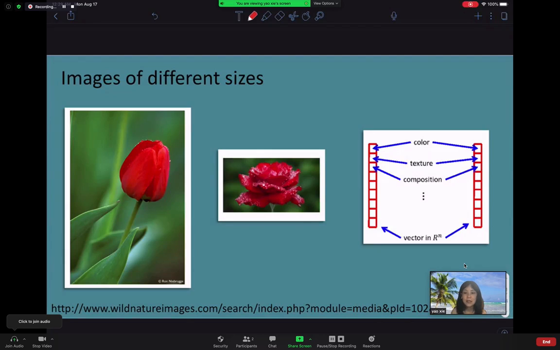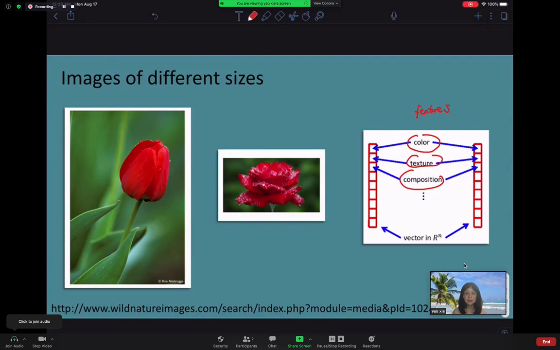If I have different images, both about flowers, one a tulip, the other a rose, instead of defining them using raw pixels, I could define them differently. For example, I define the features as their color, texture, composition, and so on. This time these features are not the values of the pixels, but something you can extract out of the picture. These are different features. That's another term you're going to see many, many times: features.